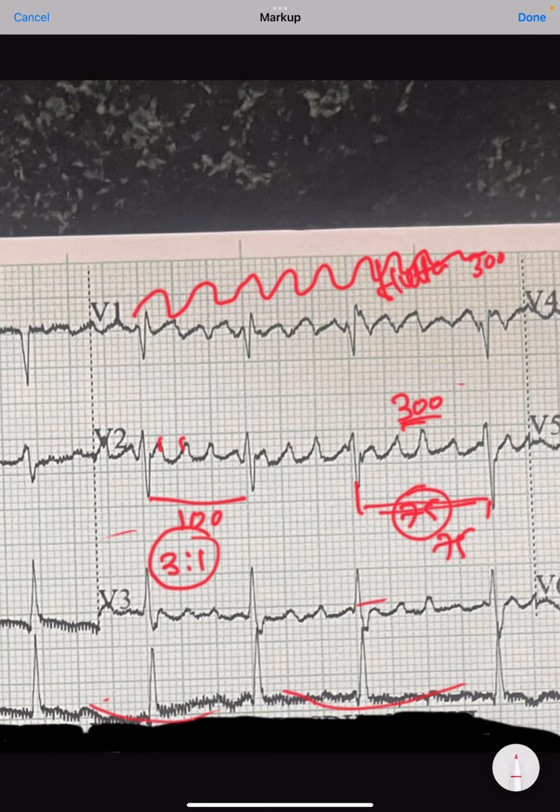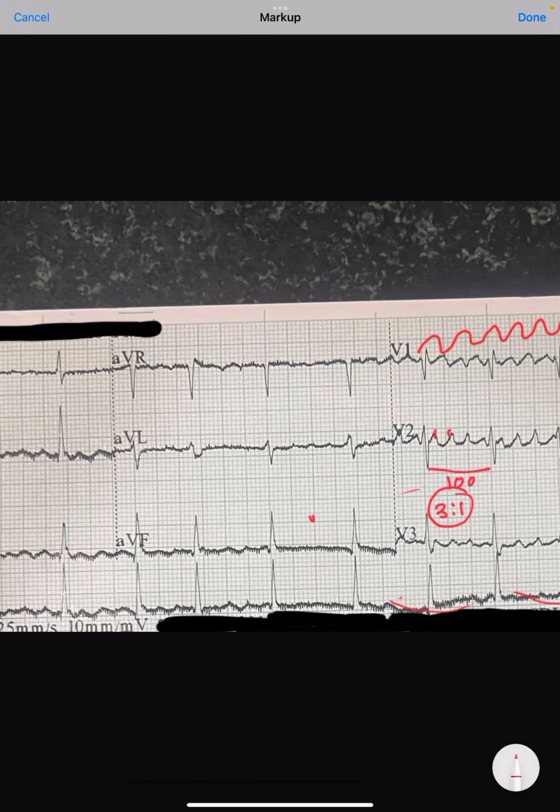It means only around every fourth impulse is carried down to the ventricles. So this tells us that this is a typical atrial flutter with variable block. Somewhere it is 3 to 1, somewhere it is 4 to 1.